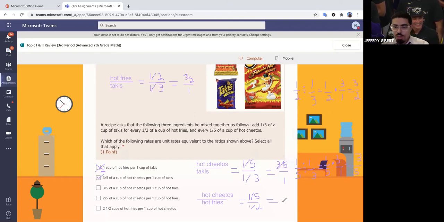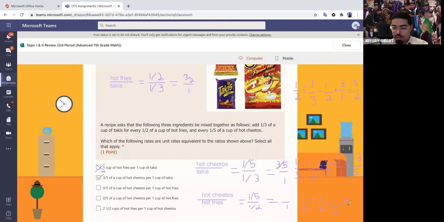So again, to get a unit rate, you just do the top divided by the bottom. So 1/5 divided by 1/2. When you divide fractions, keep the first one the same. Change division to multiplication. And flip the second fraction to its reciprocal.